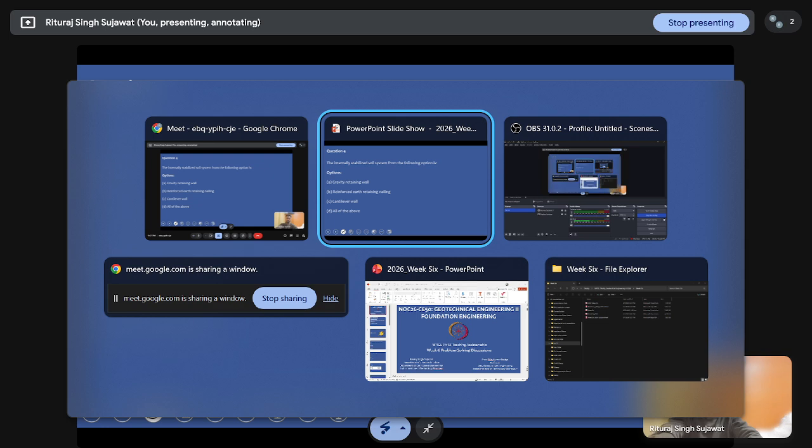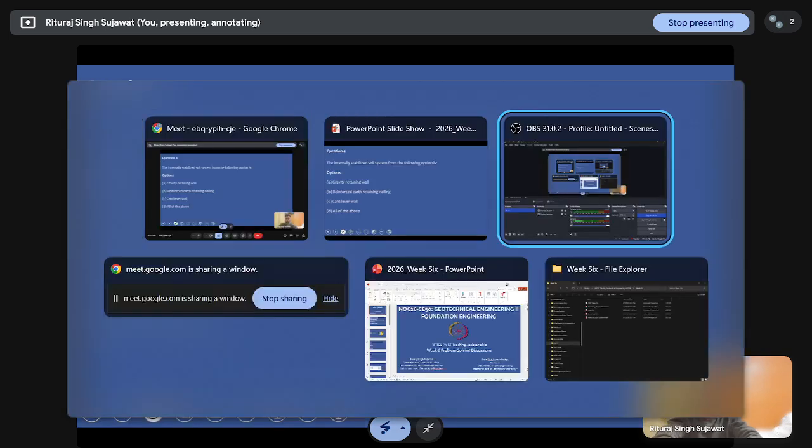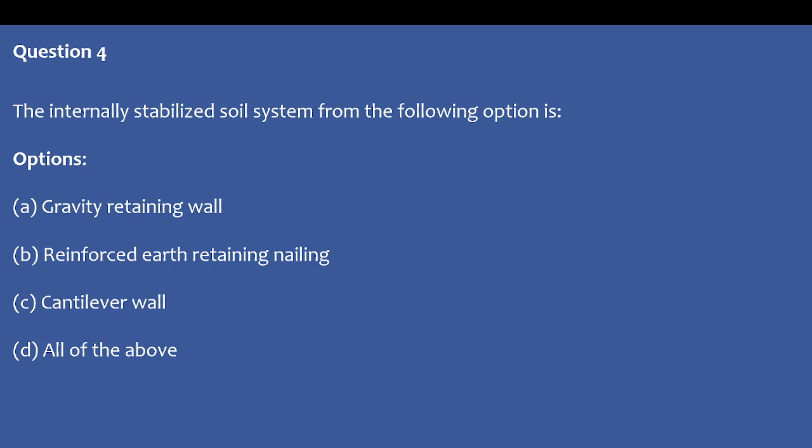So let's check the answer for this. The correct answer will be reinforced earth retaining walls, retaining nailing.